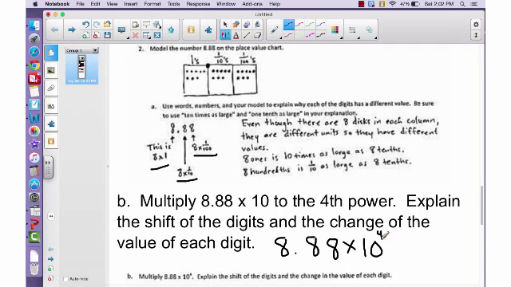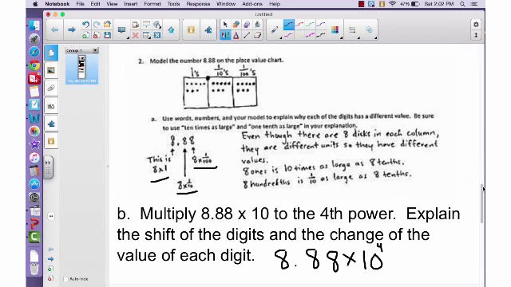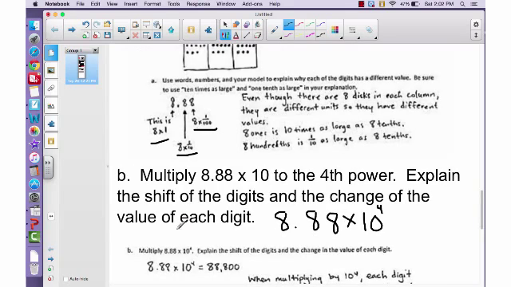Now when you multiply by an exponent, that 4 is really telling you how many place value spots. That's a 1 with 4 zeros after it. Well, a 1 with 4 zeros is 10,000, so that number is going to get 10,000 times bigger.